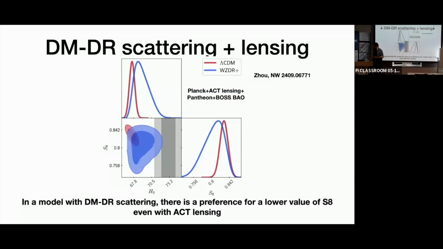So it's clear that in a model like this, the overall ability to consider suppression of power at smaller scales is significantly enhanced, which suggests to us that this is not a data-to-data conflict. It's really a data-to-model conflict within lambda CDM. And I encourage you to talk to Tony about this.